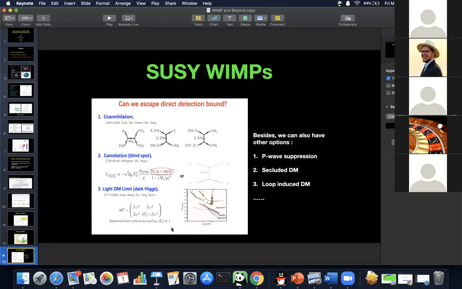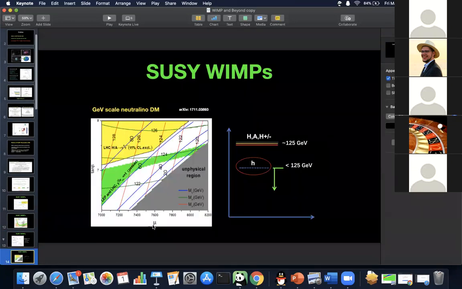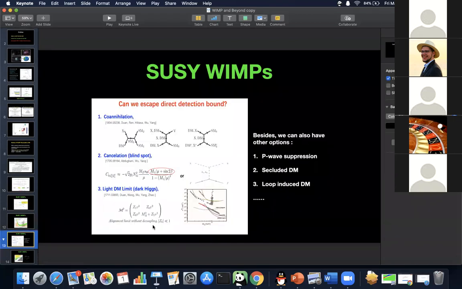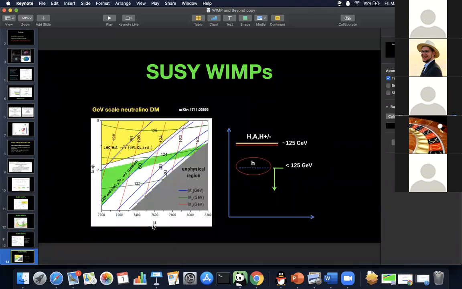In the MSSM, I think the only feasible way is in the alignment limit. I will talk more about the alignment limit. In the alignment limit, only one Higgs is responsible for the electroweak symmetry breaking and coupled with the gauge bosons.